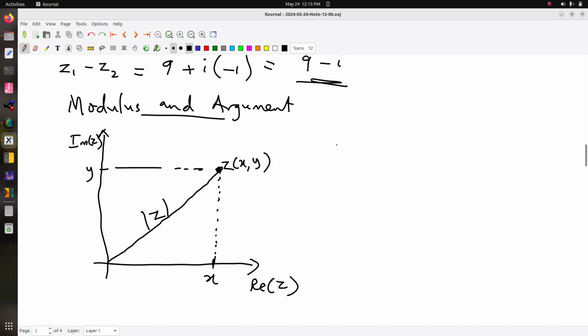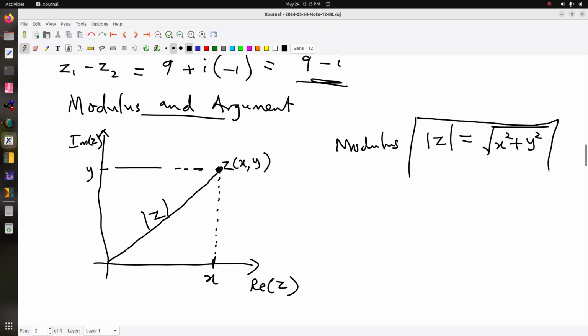The modulus we denote as modulus of z. To obtain the modulus of z, you find the square root of the square of the real part plus the square of the imaginary part. That is how you find the modulus of a complex number. Now, what about the argument? The argument is this angle, the argument of z.